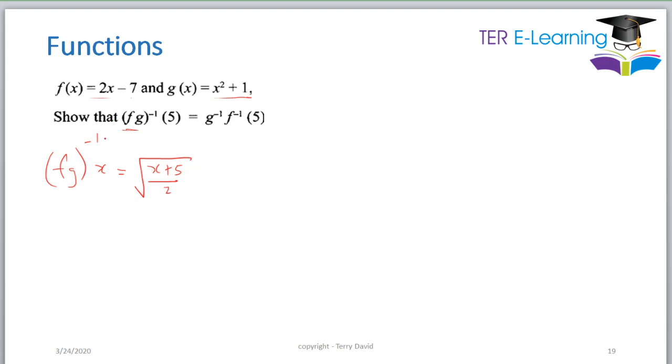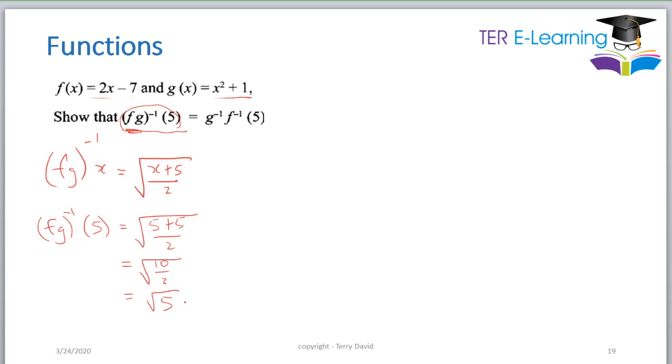So what we can do, on the left hand side here, is work out this piece. All we have to do is plug in 5 into the expression. So therefore fg inverse of 5 is equal to the square root of 5 plus 5 over 2, which is equal to the square root of 10 over 2, which is equal to square root of 5.